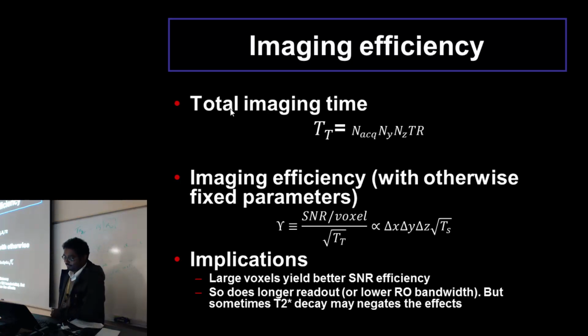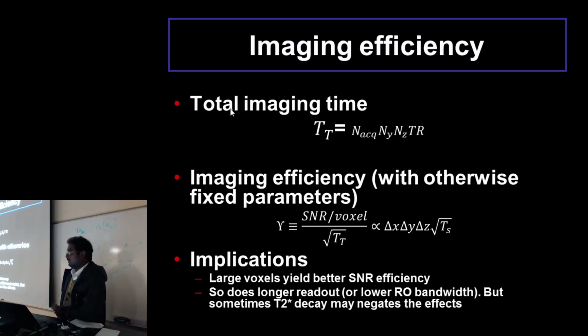So imaging efficiency per unit time is something that people talk about, and you can calculate that by evaluating the signal to noise ratio of the voxel per unit total imaging time. That's typically to do with when you change your TR.